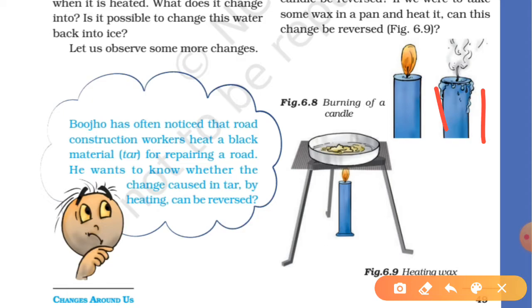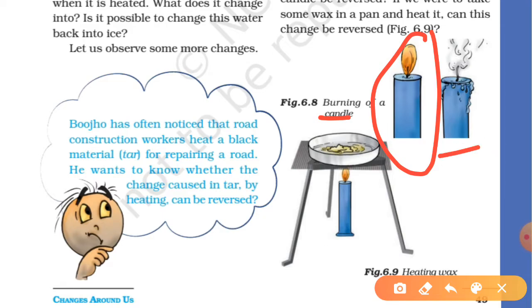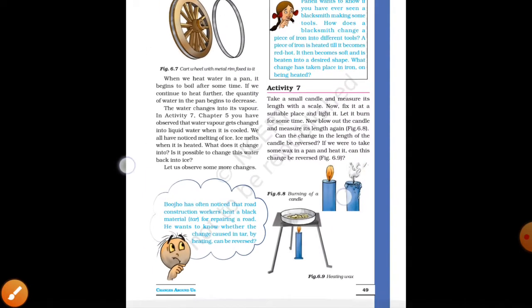When the wax is coming down, we can make a candle again with the help of this wax. But when we burn a candle, the candle's parts produce carbon dioxide and other things, so we cannot reverse the burning of a candle. We can reverse melting of a candle, but we cannot reverse burning of a candle. Remember this.